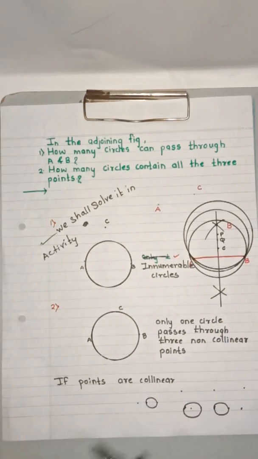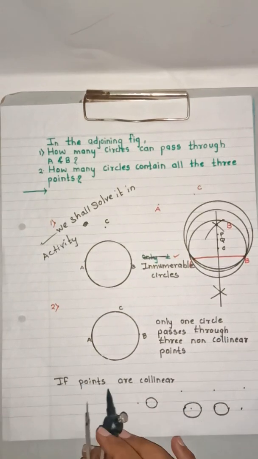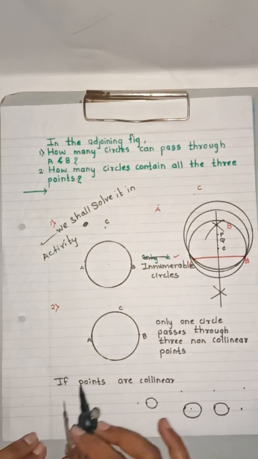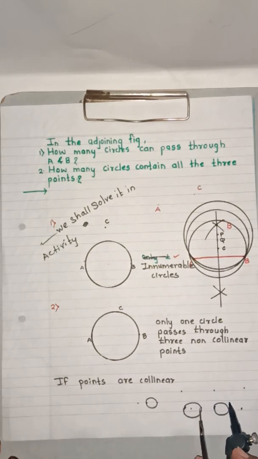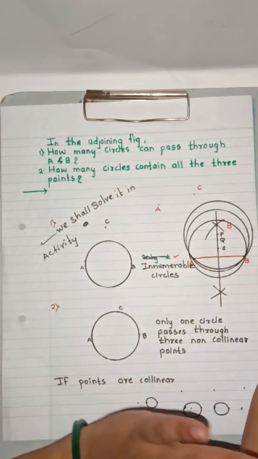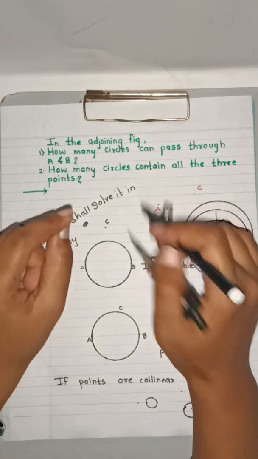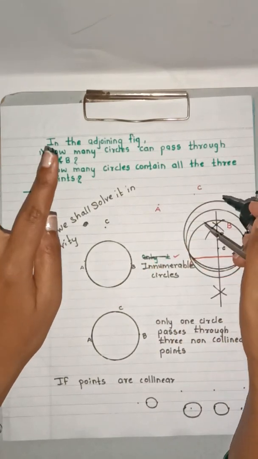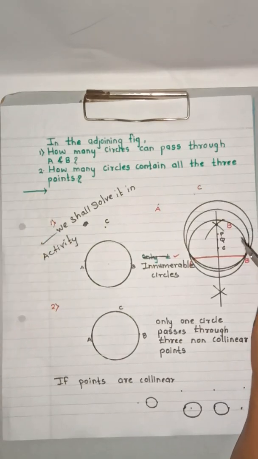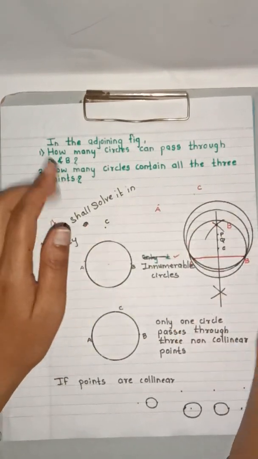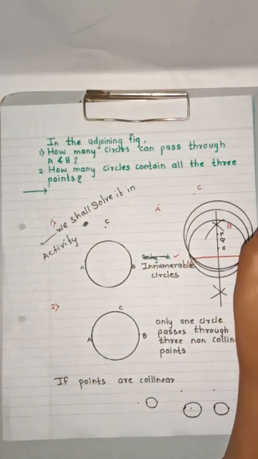When the points are collinear, they lie on the same line, and no circle can pass through them. I hope it is clear till here: for non-collinear points, only one circle passes through them, whereas if the points are collinear, no circle passes through them.